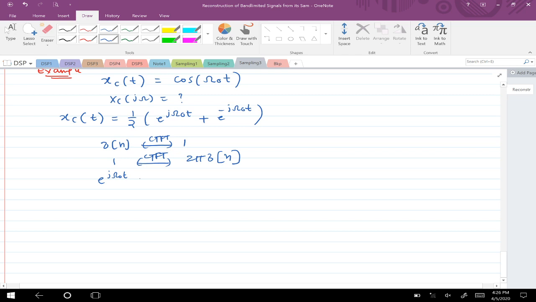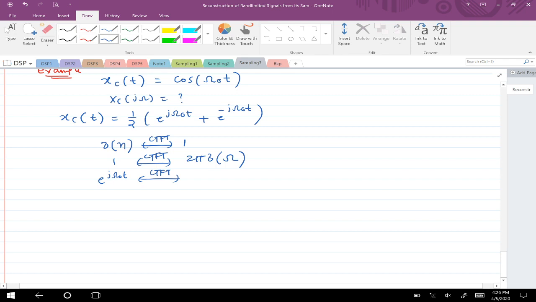That CTFT is equivalent to a shift to the other side. Sorry, this I should have written as 2 pi into delta of omega. One more correction: this should not use square brackets, it should be delta of t.